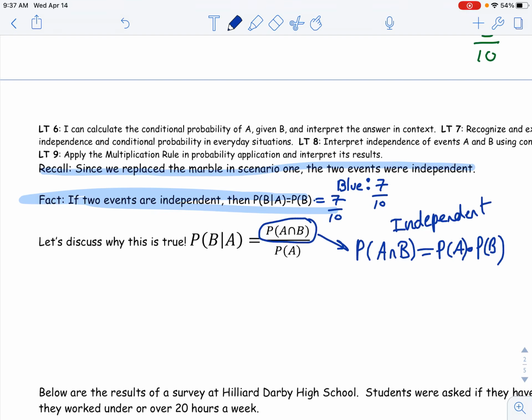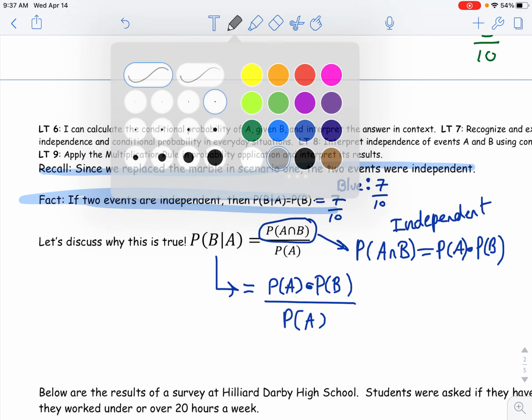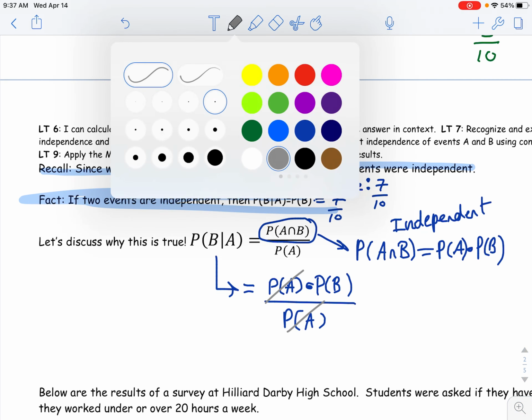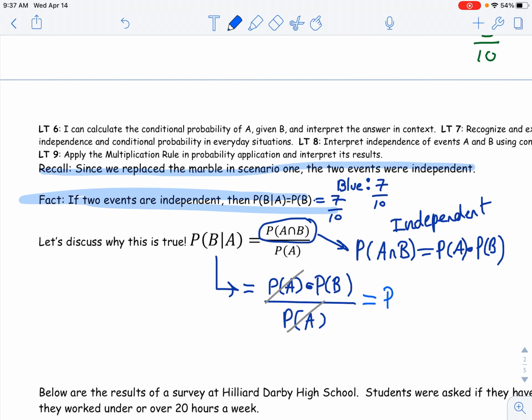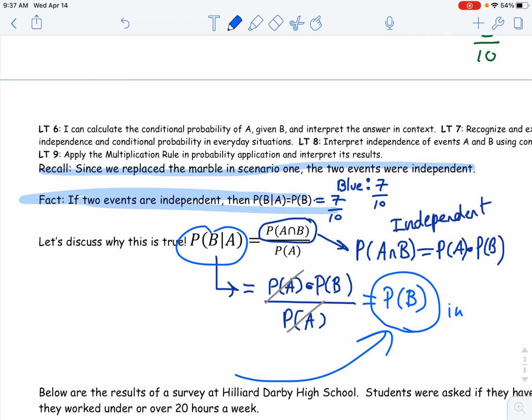If that's the case, then for the probability of B given A, I'm just going to replace the numerator with the probability of A times the probability of B. It's still all over the probability of A. The probabilities of A cancel out, and bada bing, bada boom, that's why we're left with the probability of B, which shows why they're independent. So if this equals this, it means it's independent.